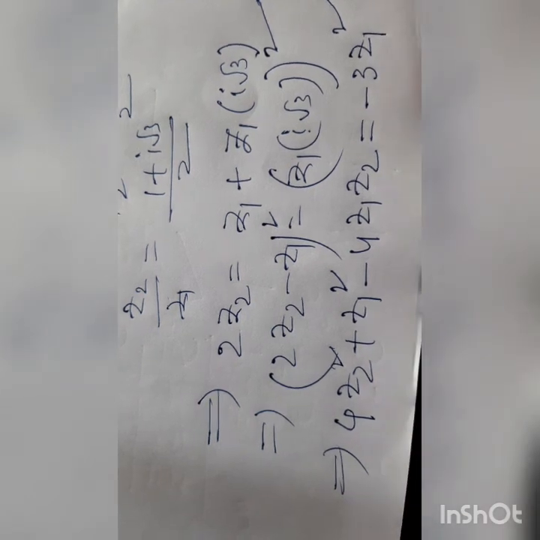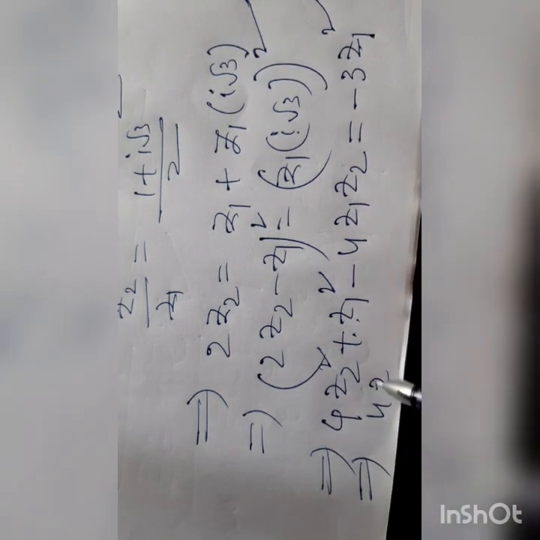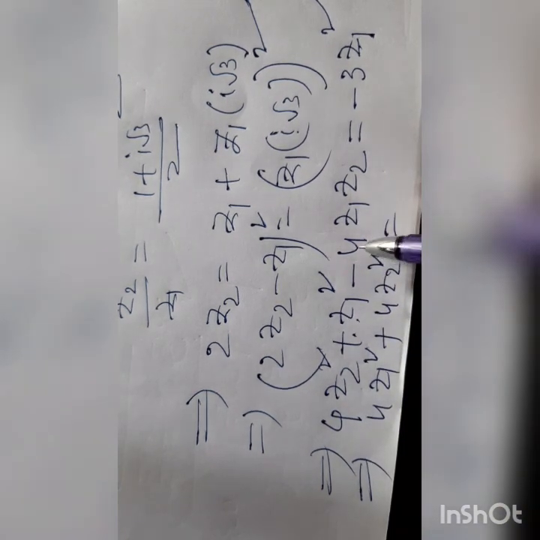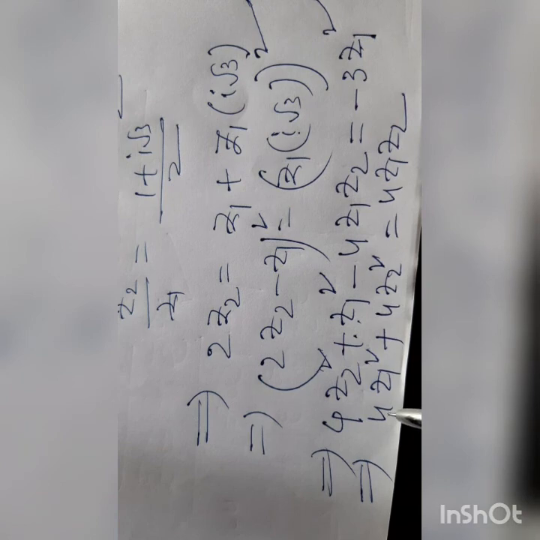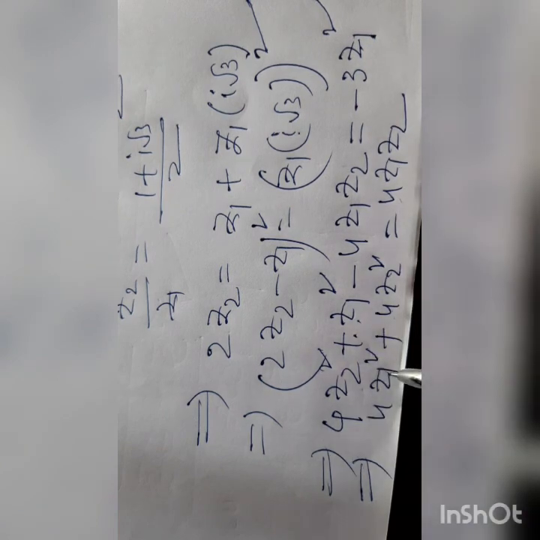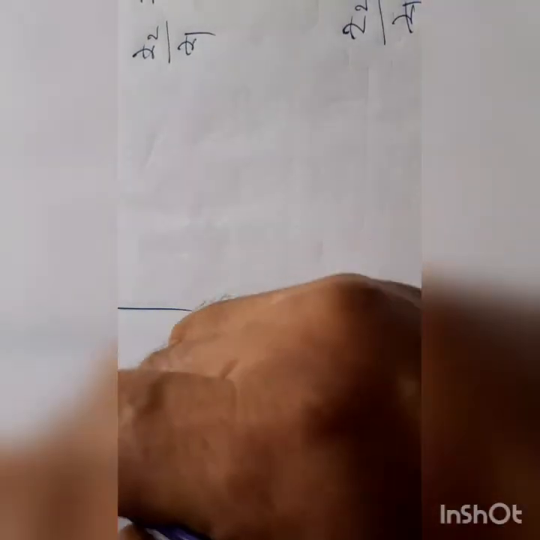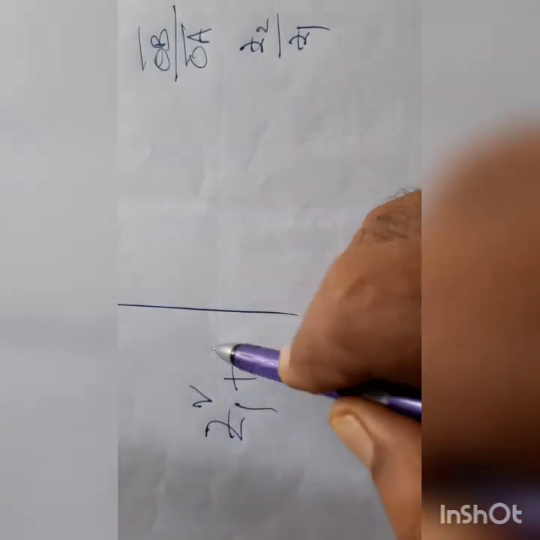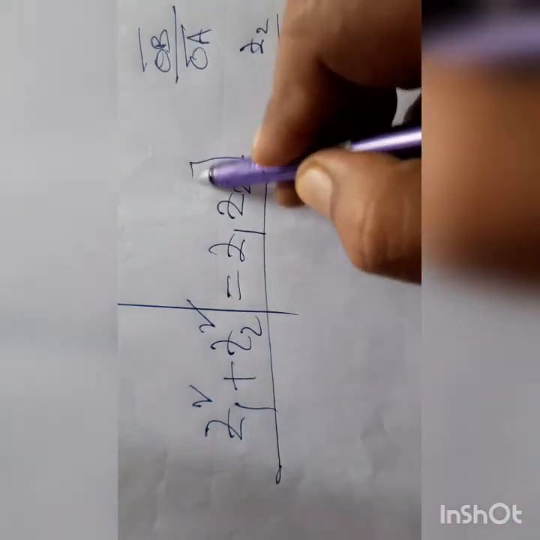If I take this side, 4Z1 square plus already 4Z2 square equals this. That side I will send 4Z1 Z2. Therefore, 4 removed, Z1 square plus Z2 square equals Z1 Z2 is the condition.